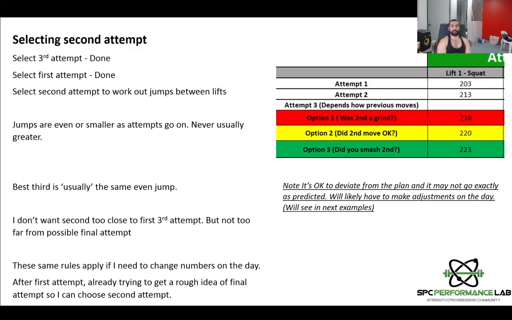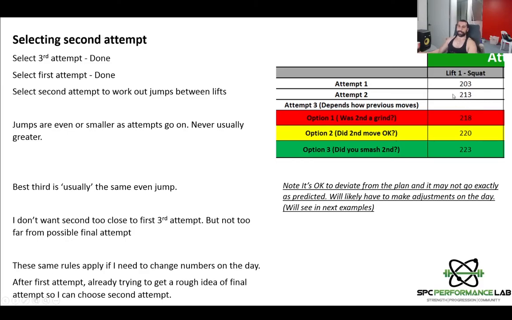What you will generally do when you're making jumps between attempts is either keep the same size jump or make it smaller. So for example, between first attempt and second attempt we have a 10 kilo difference, and between attempt 2 and the best predicted attempt 3 is a 10 kilo jump, okay?